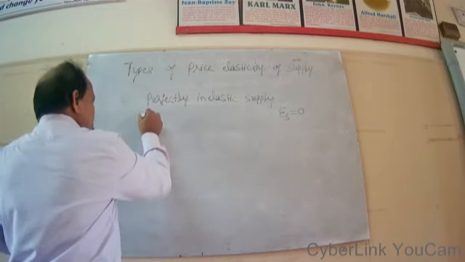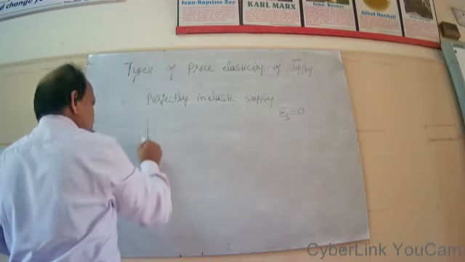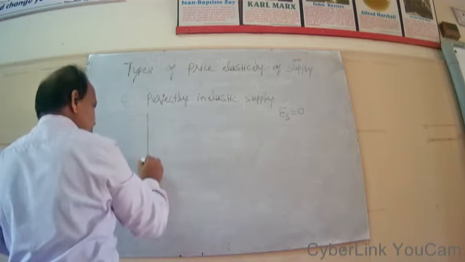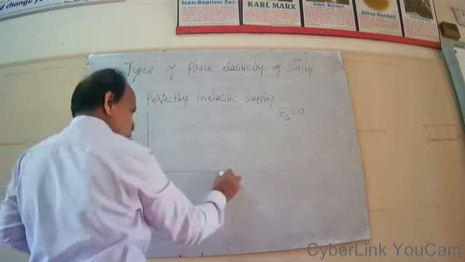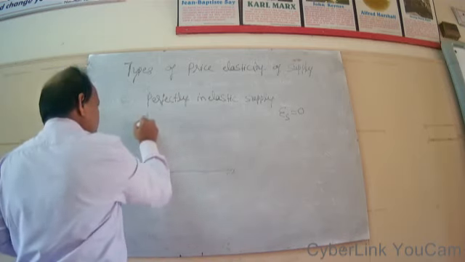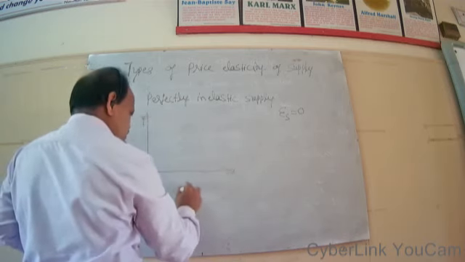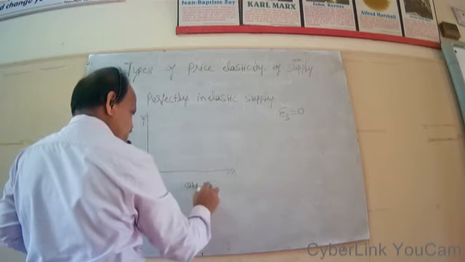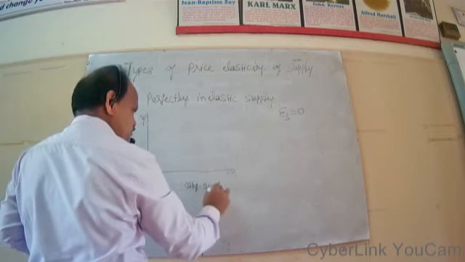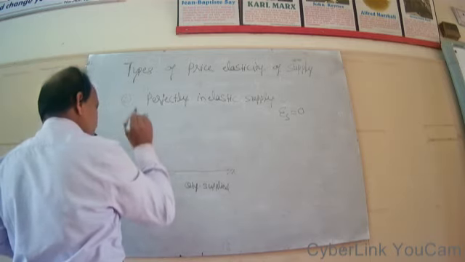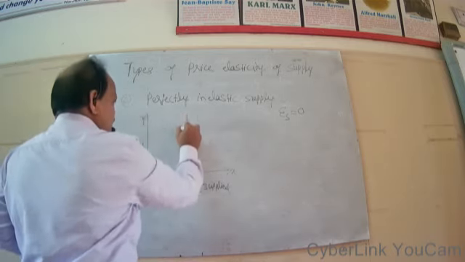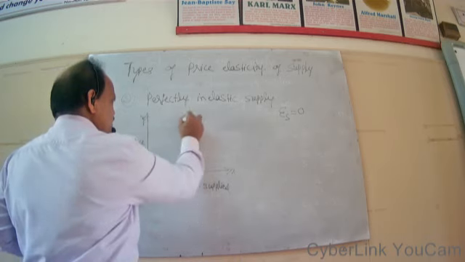Then you can observe the shape of the supply curve. Supply curve will be parallel to y-axis or perpendicular to x-axis. Quantity supplied and here price. So this is supply curve SS.